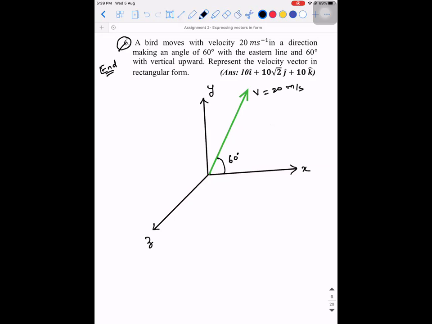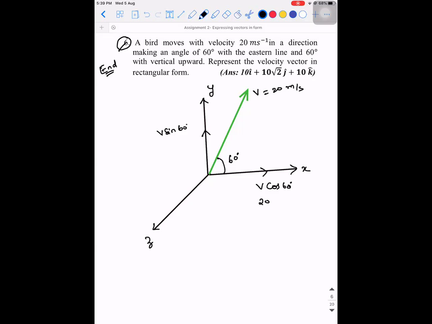Now this velocity can be resolved into two components. What are the two components? This will be V cos 60, and this will be V sin 60.